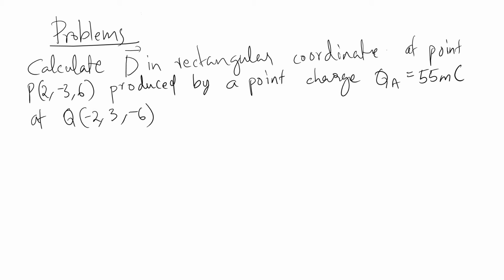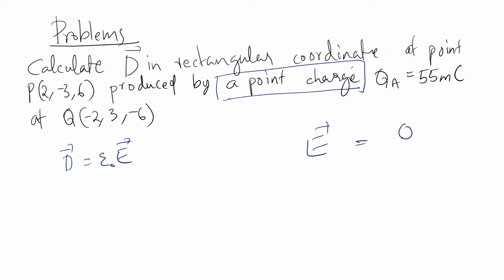So we know that D is equal to epsilon 0 times E. Since E is... so what kind of charge is this, either point charge or line charge or volume sheet charge? Here it is clearly mentioned it is a point charge, so we have to use the expression for E as Q by 4 pi epsilon 0 r square a_r cap, right?